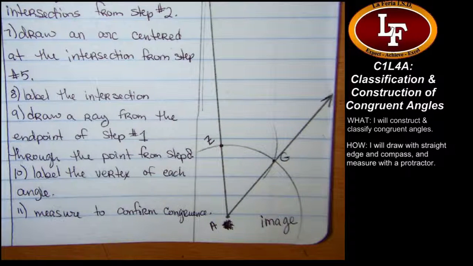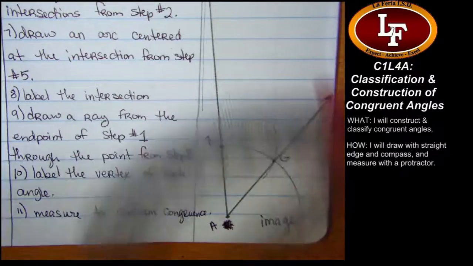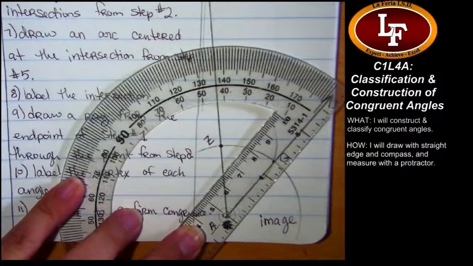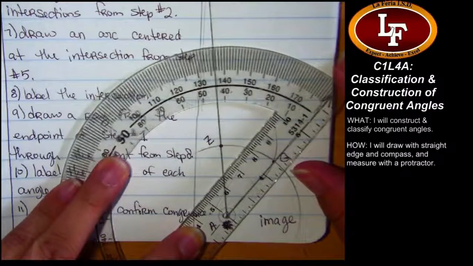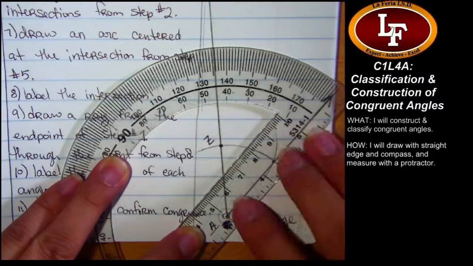Alexis, what did you get on your first angle? 35. Beautiful. What did you get, Jess? 30. Measure the image you just constructed. What you're looking for is for it to be an exact match to the one that you already drew, your pre-image. Now, I've already done this 3 times today, and I've never gotten one where the measure was exactly the same.